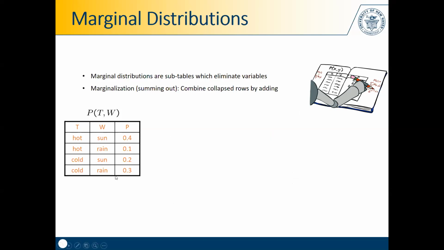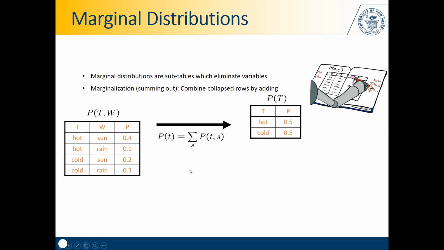Given this joint distribution over random variables T and W, if we want to look at the probability of T only, all we have to do is to see what the different outcomes for T are.